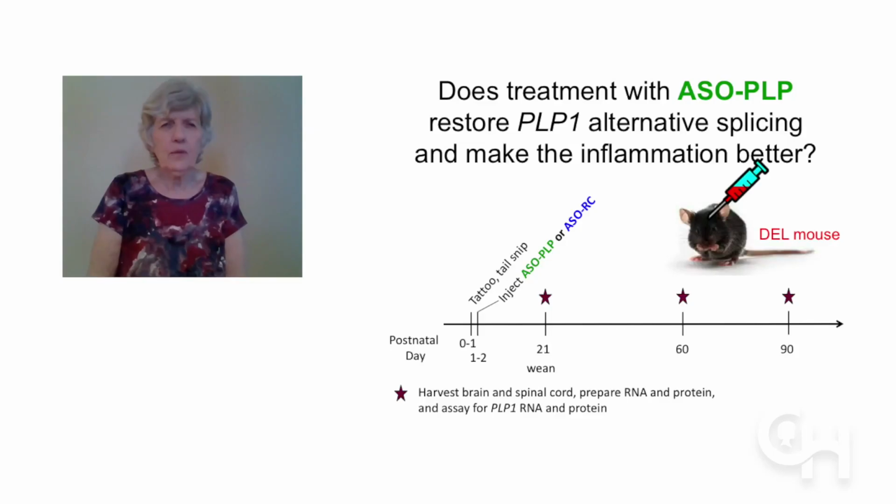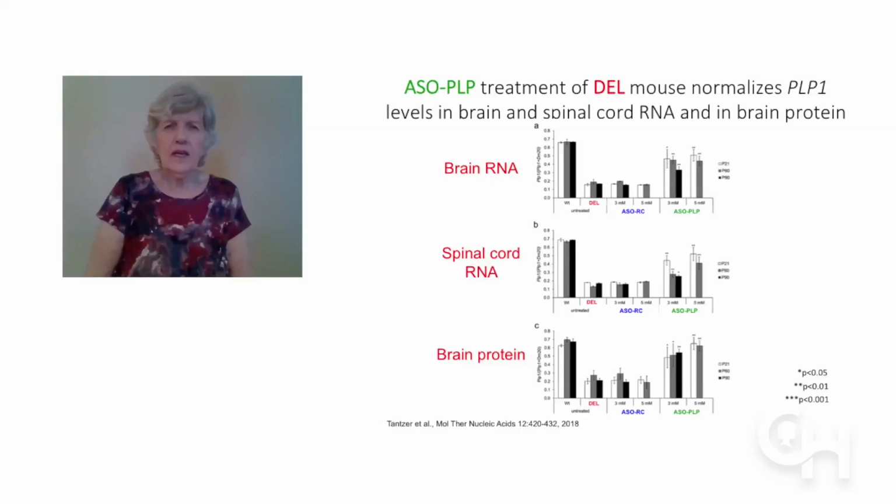PLP1 RNA and protein. This is our data from treating the DEL mice with ASOs presented in 3 graphs. In A, we're looking at the results in RNA prepared from the brain. Treatment of DEL mice with the random control ASO at the blue label did not change PLP1 levels from untreated DEL mice at the red label at any of the 3 time points, which are indicated by open bar, gray bar, and black bar.